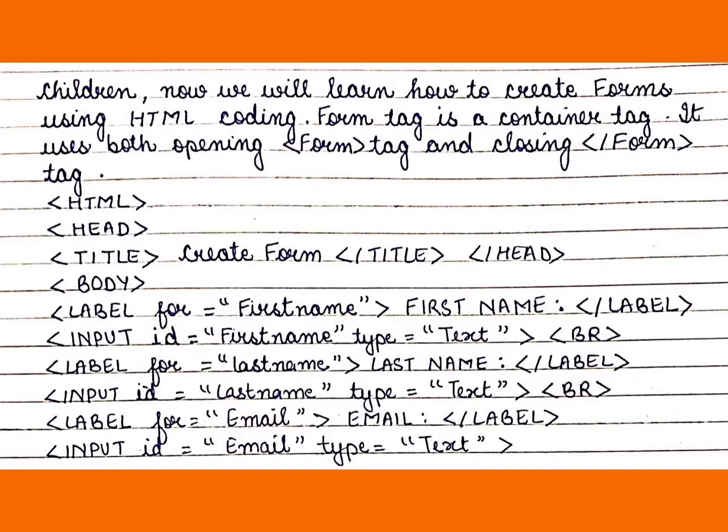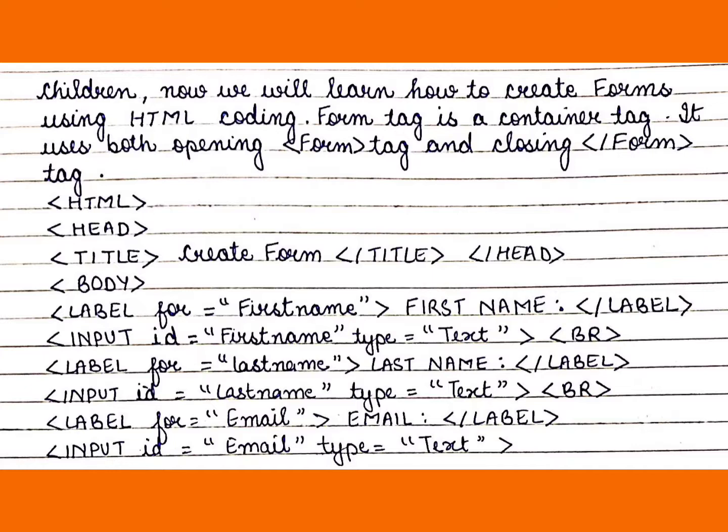Now start with the body tag. Under the body tag, the label tag will be used for creating the titles of your form. Here we have used label for is equal to first name. Write the first name and close the label tag.